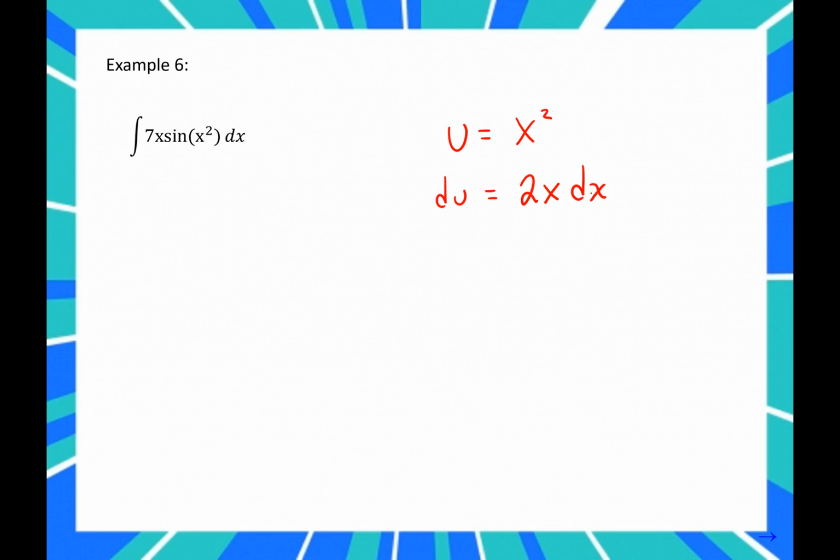Now the problem is I have a 7x dx and I don't have a 2x dx. So what I need to do is multiply this 7 by 2/7, because then my 7s would cancel and I'd be left with 2.